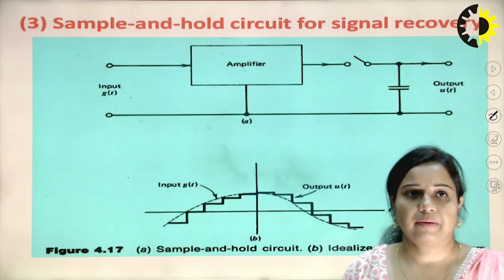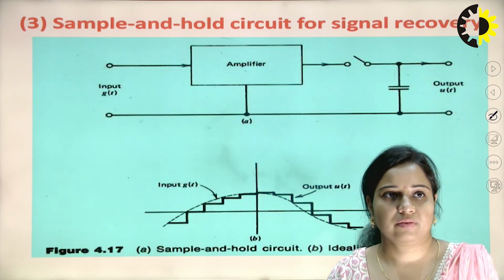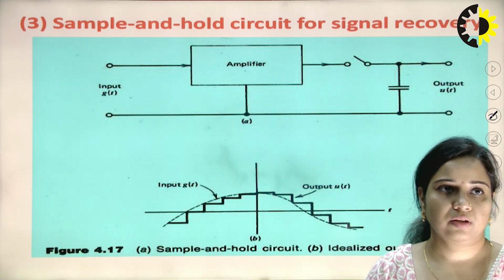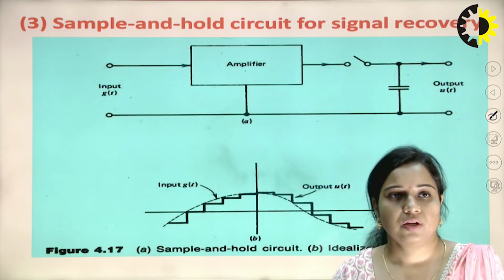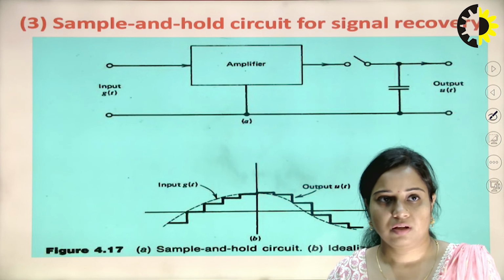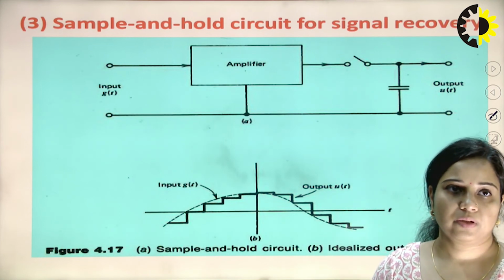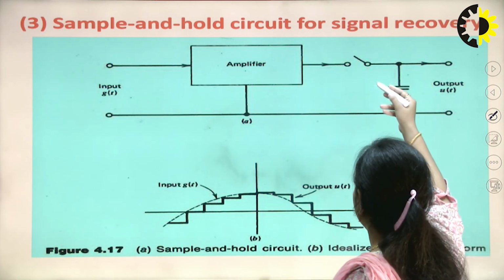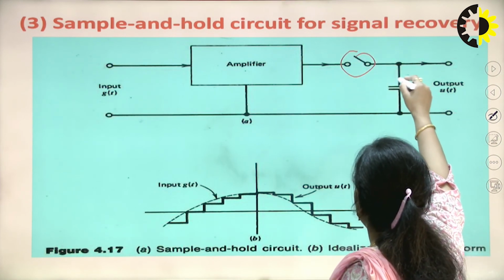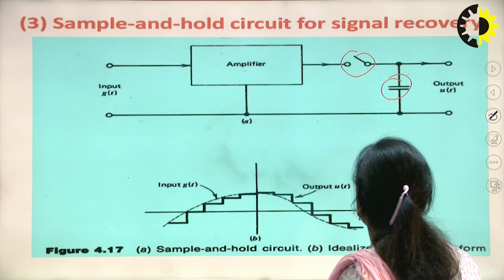Now next is the sample and hold circuit for signal recovery. This is a very important thing, where we are going to see that a sample and hold circuit is used to take the samples of the signal. This is a very simple circuit. As you can see, there is an amplifier connected at the input side, then there is a simple switch connected with a capacitor.